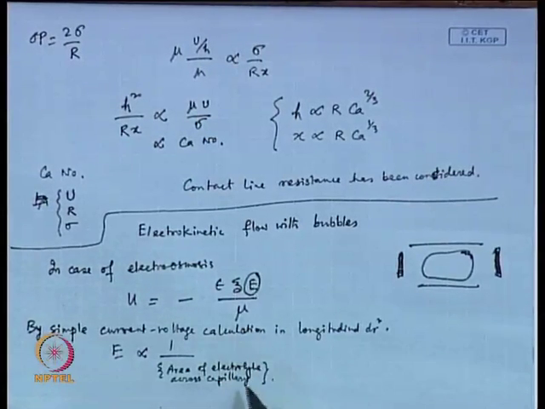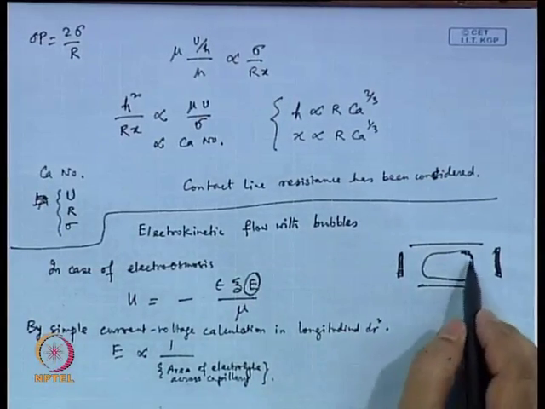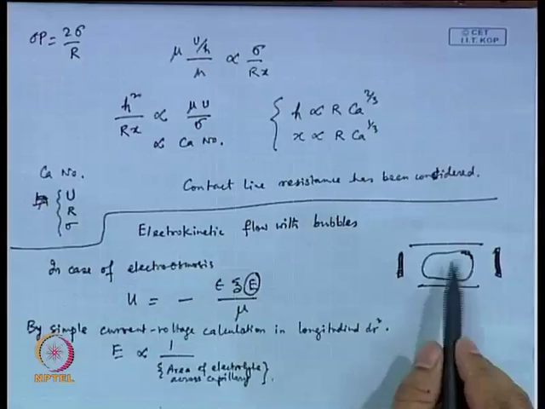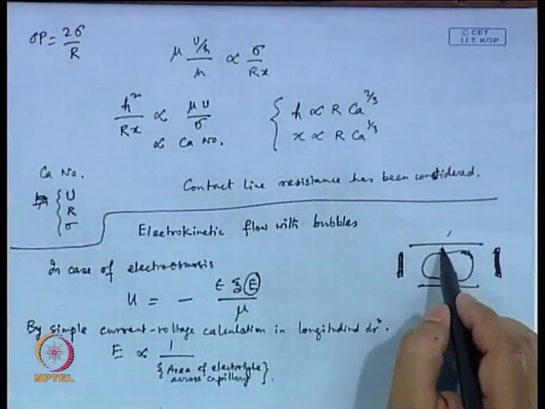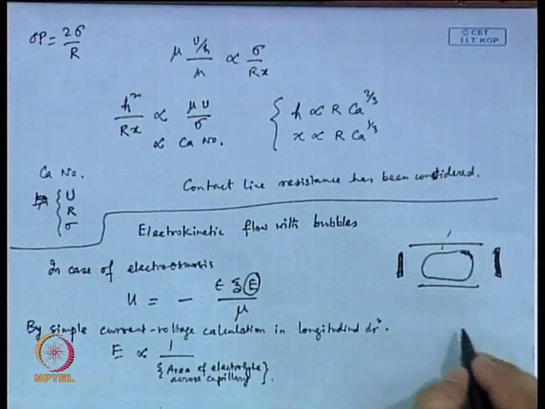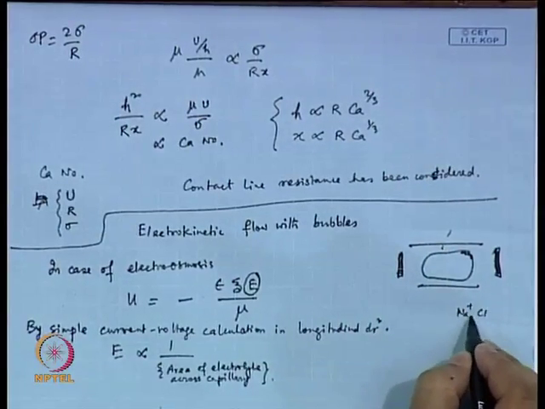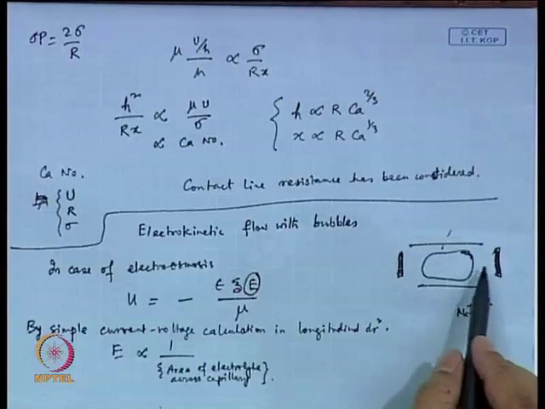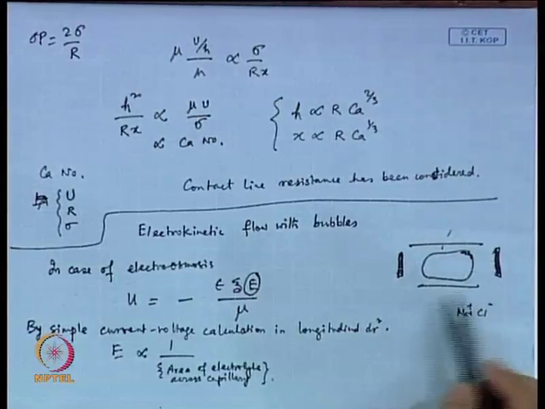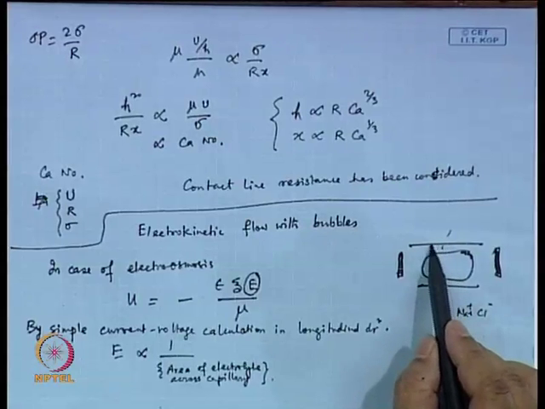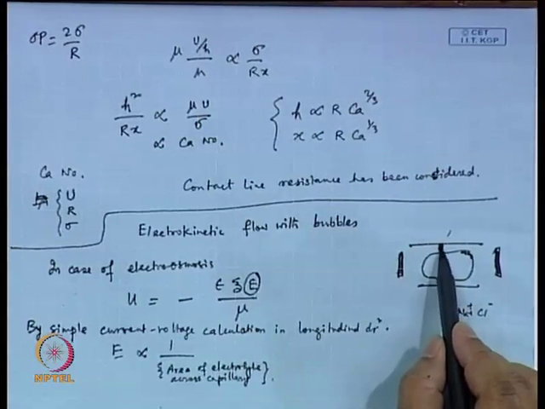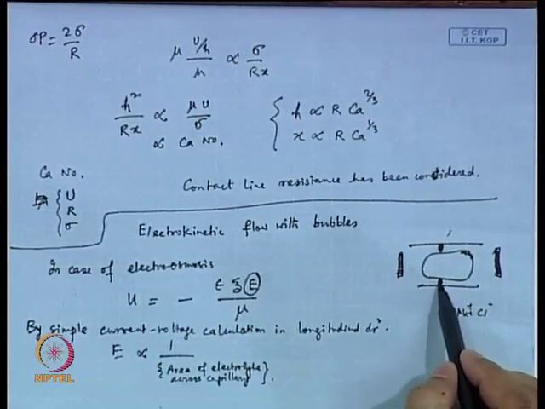I hope you can appreciate the fact that here you are applying voltage, but voltage means you are basically, say, for example, I have NaCl here. So, NaCl breaks down into Na plus and Cl minus, right, and these are the ions and they would be responsible for movement. Now, here I am talking about this much of cross section for the liquid and this much of cross section for the liquid.